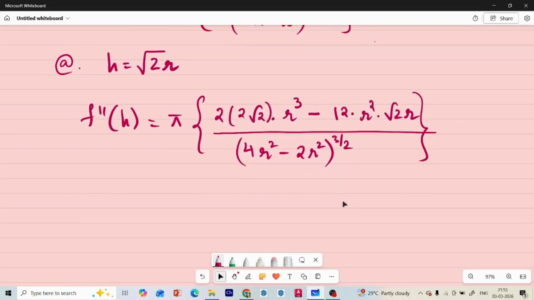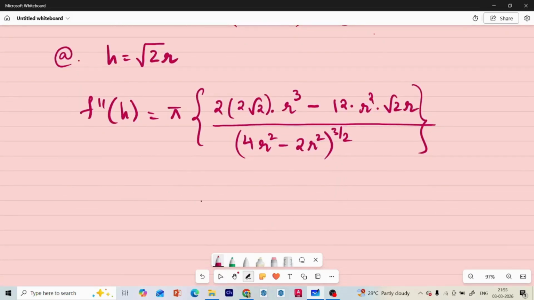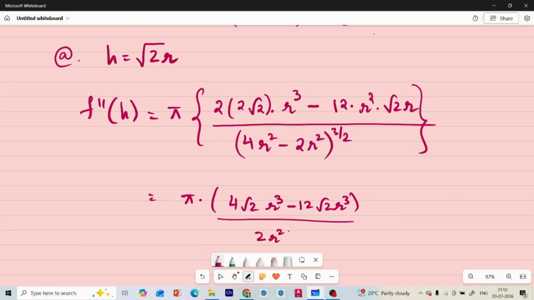This is 4 root 2 r cube minus 12 root 2 r cube, by 2r square power 3/2.